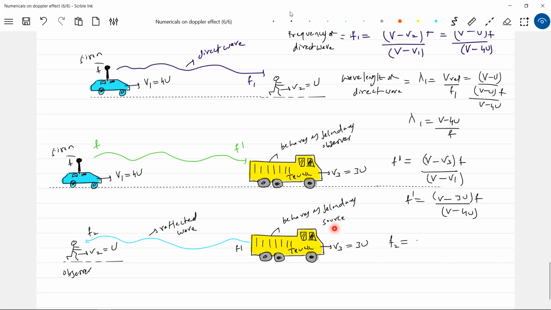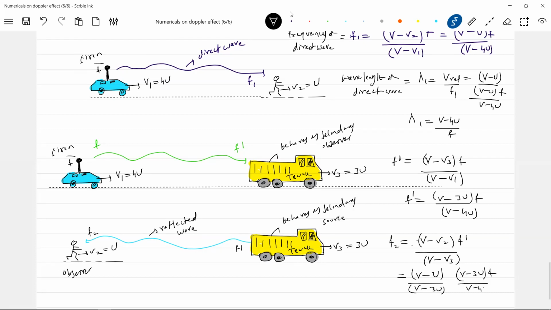So F2 is equal to (V minus V2) F dash by (V minus V3), which is equal to U by V minus 3U. What is F dash? (V minus 3U) F by (V minus 4U).